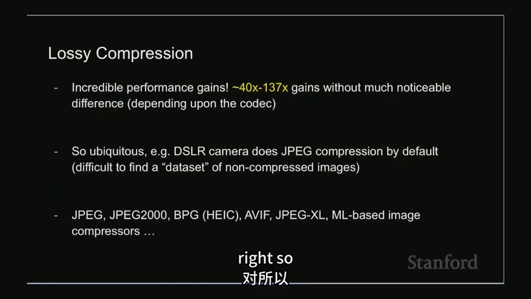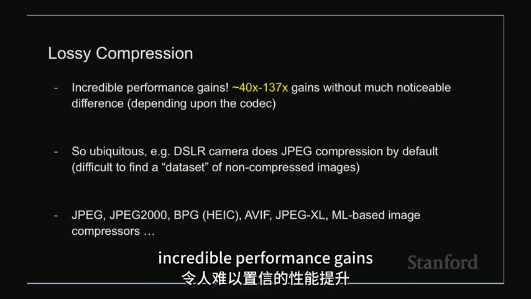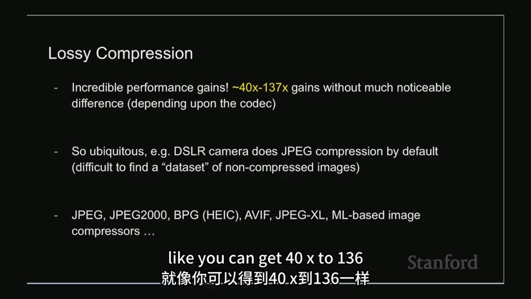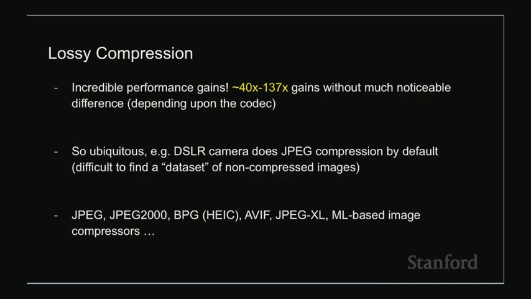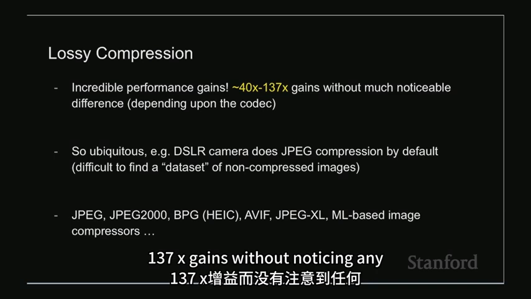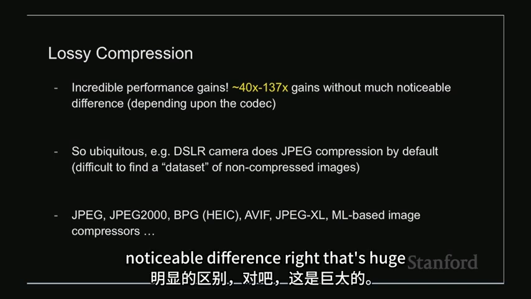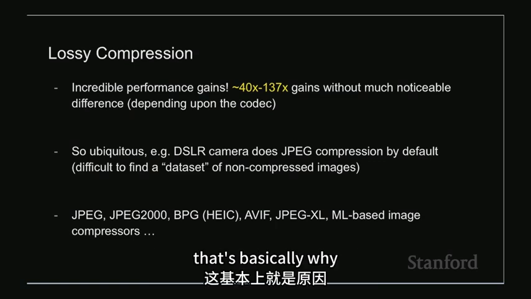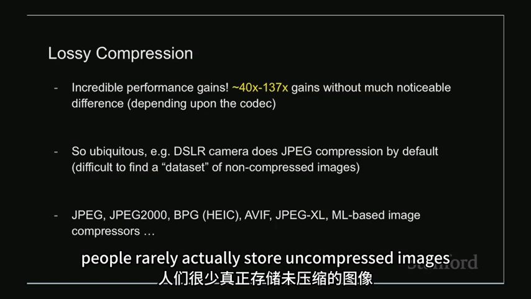So, first main point, you can get incredible performance gains. You can get 40x to 137x gains without any noticeable difference, right? That's huge. That's basically why people rarely store uncompressed images.